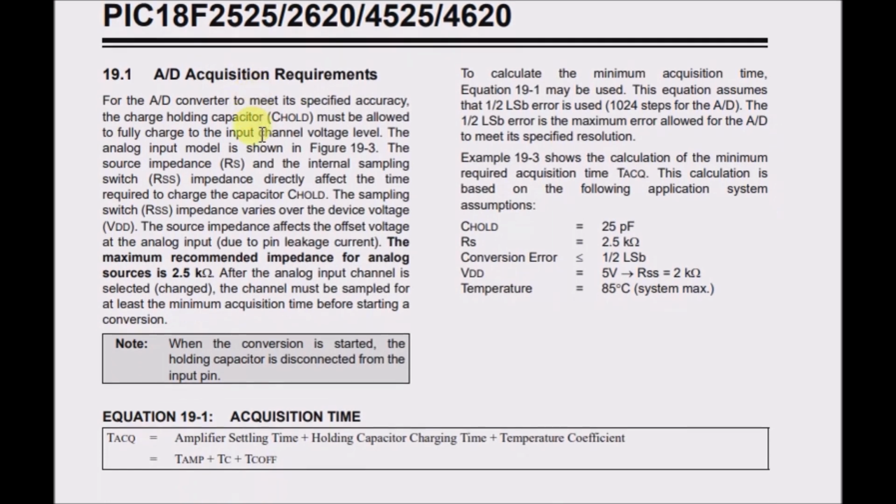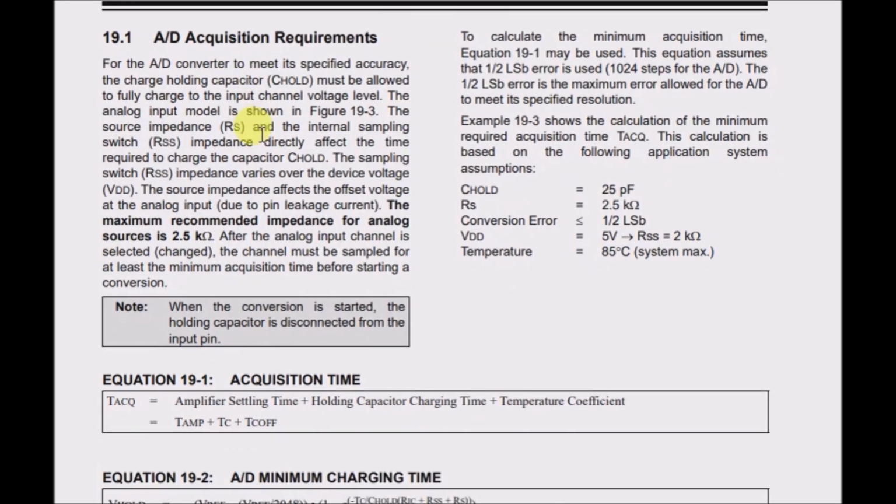AD acquisition requirements. For the AD converter to meet its specified accuracy, the charge holding capacitor, CHOLD, must be allowed to fully charge to the input channel voltage level. The analog input model is shown in figure 19.3.